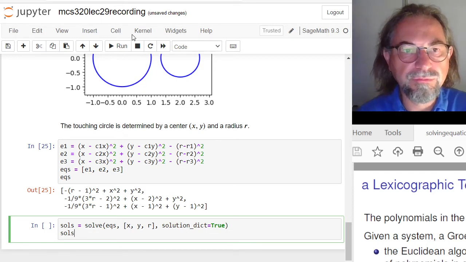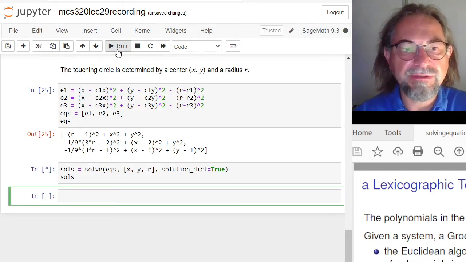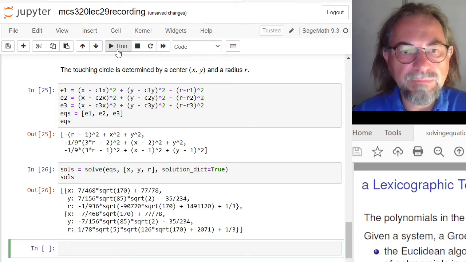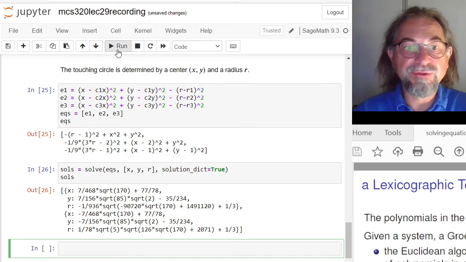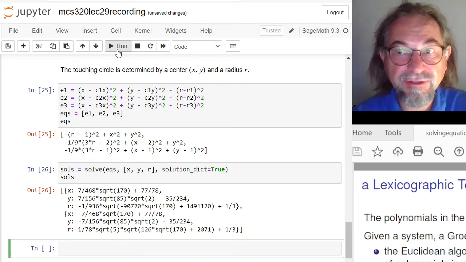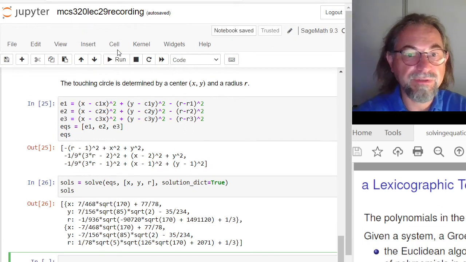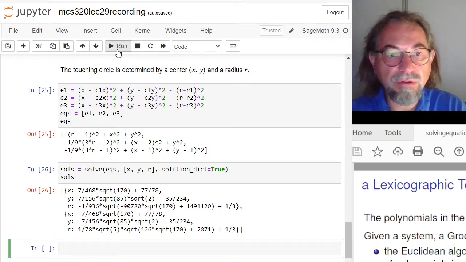I want the solutions represented in terms of a dictionary. So here we are. You can see that the system is small enough so that SageMath was capable of solving this completely symbolically.